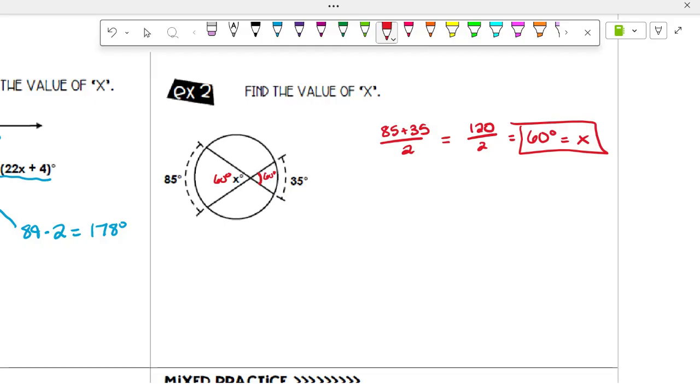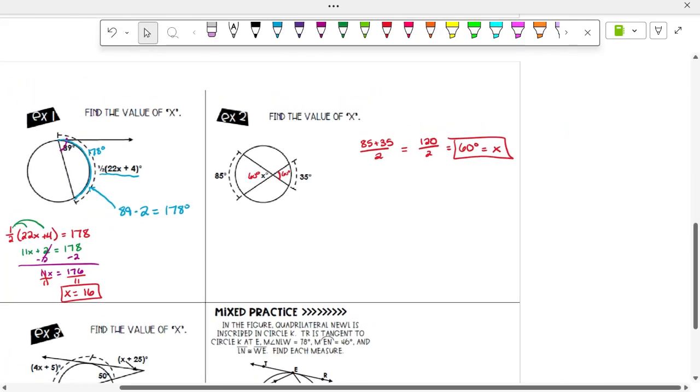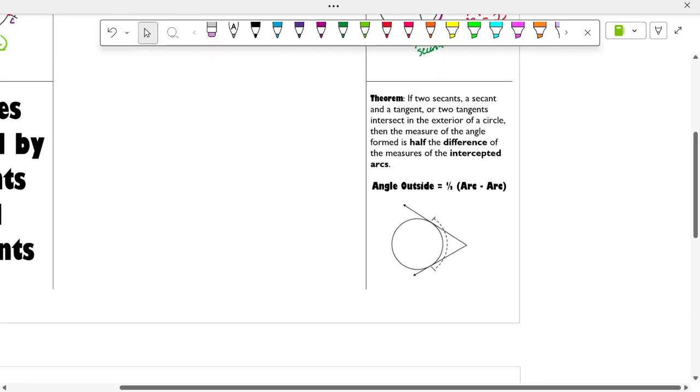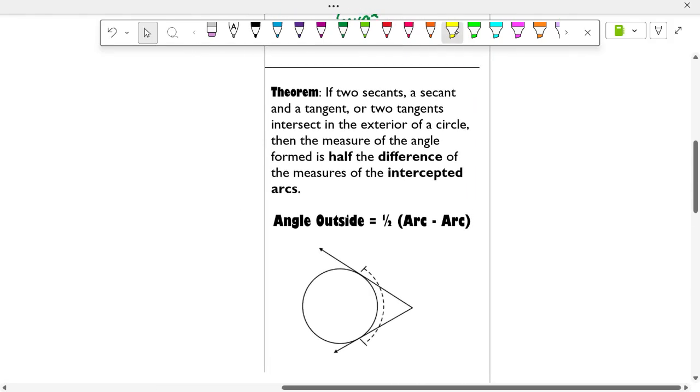The reason I'm telling you all these special names like inscribed and bow tie is because that's how you can recognize which property to use based off of the general shape that you see. Now, the last theorem has a couple of combinations.